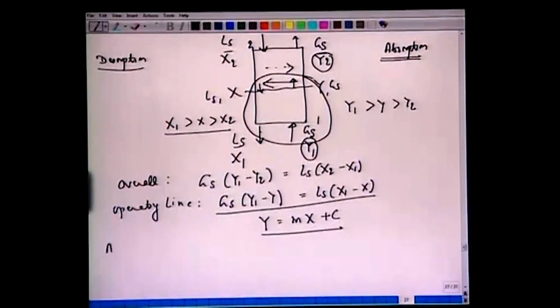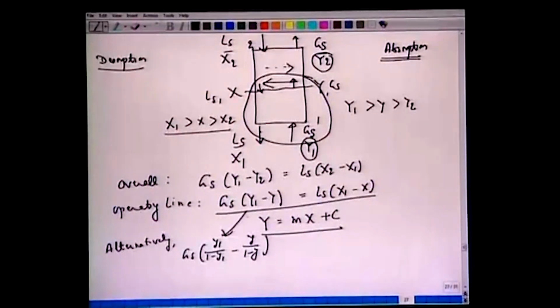Just for your remembrance, alternatively we can also work with actual mole fractions. In that case the curve will not be linear. So we can write Y over 1 minus Y. All we have done is substitute for Y1 in terms of y1.